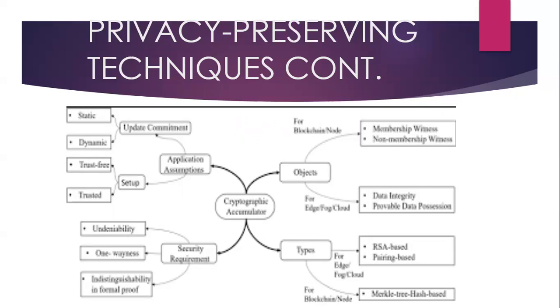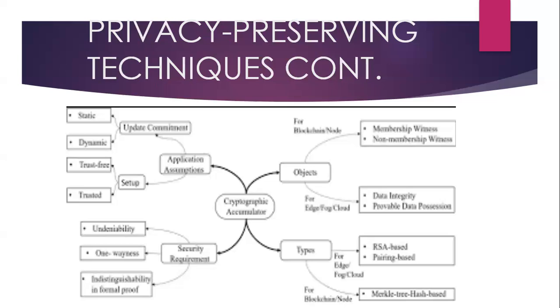The static, dynamic, trust-free, and trusted categories come under the application assumptions, and they have update commitments and setups too. For the objects, we have membership witness and non-membership witness too. For the blockchain nodes, we have integrity and provide data processors for the edge and cloud.